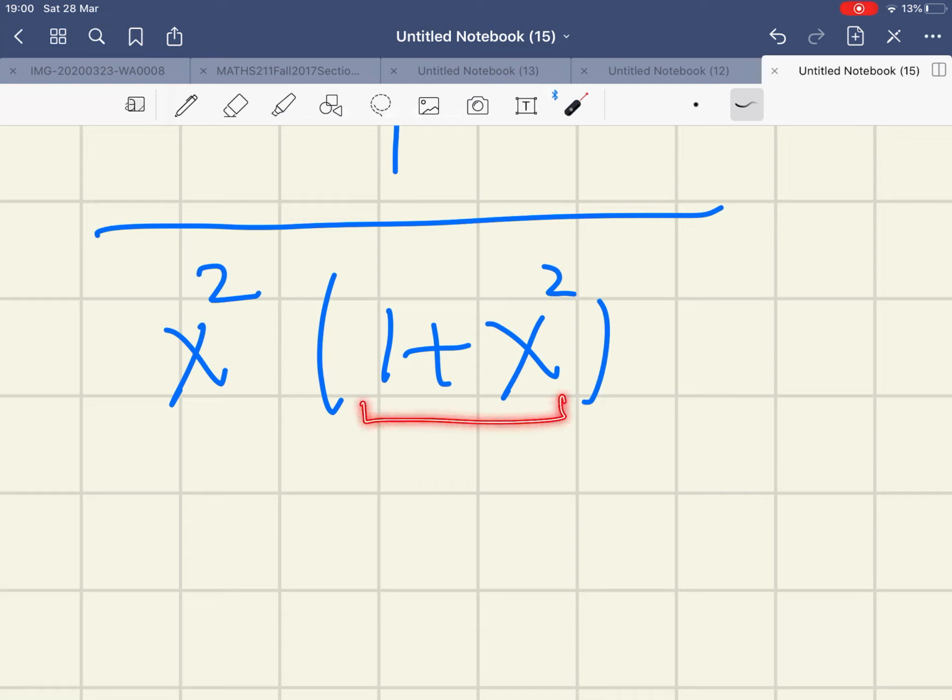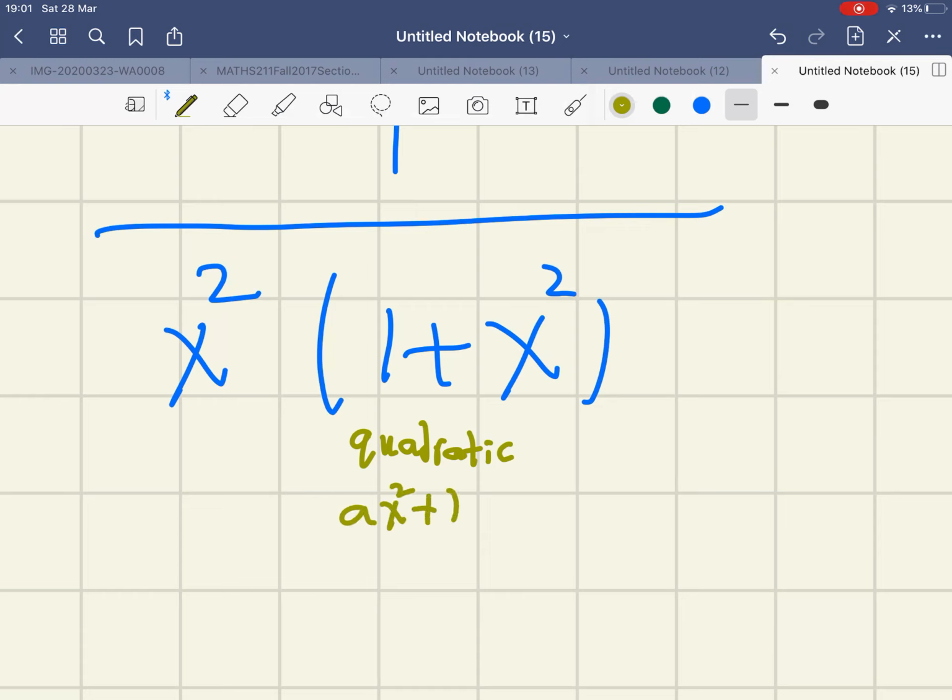Now this one, can we factor it? Maybe yes, maybe no, but how do I know? We need to go back to the quadratic equation. Remember, this is just a quadratic polynomial, which has the form ax squared plus bx plus c, something of degree 2.